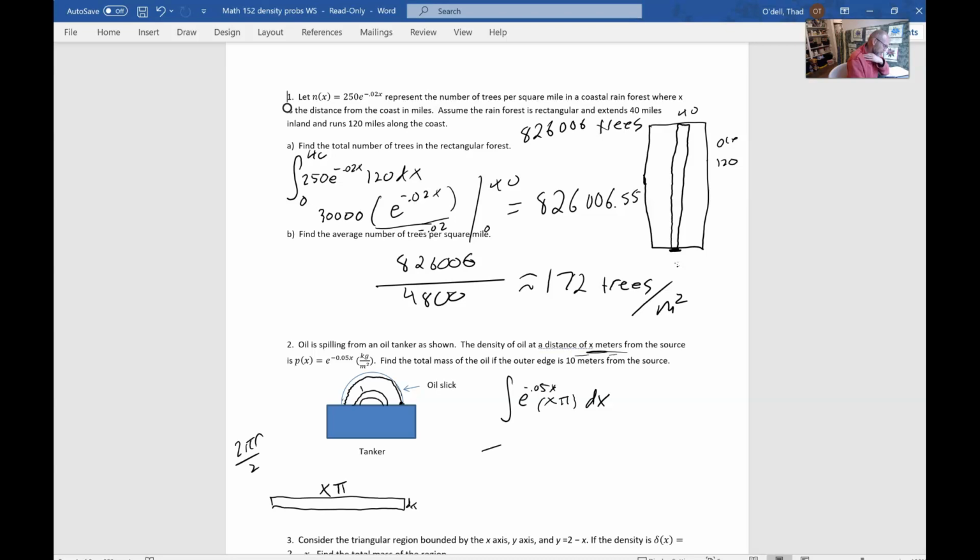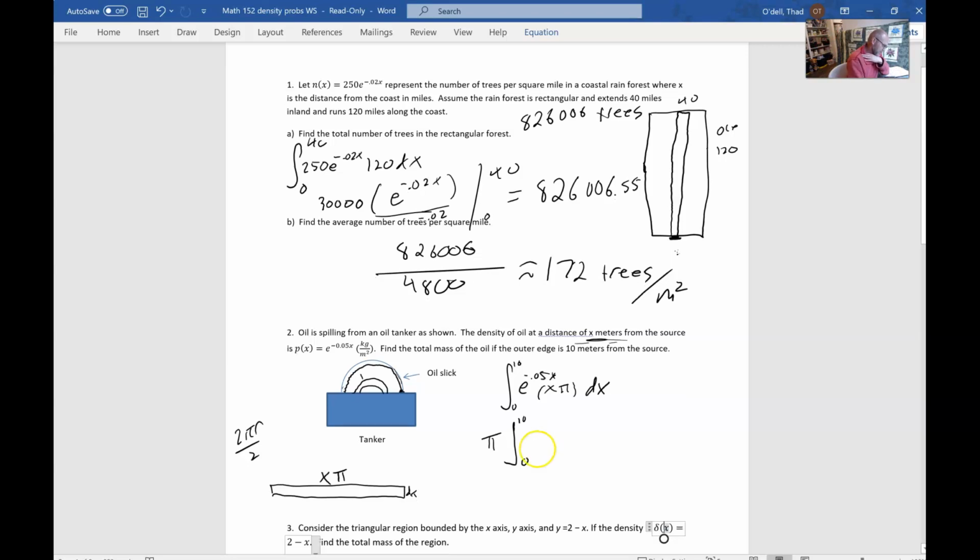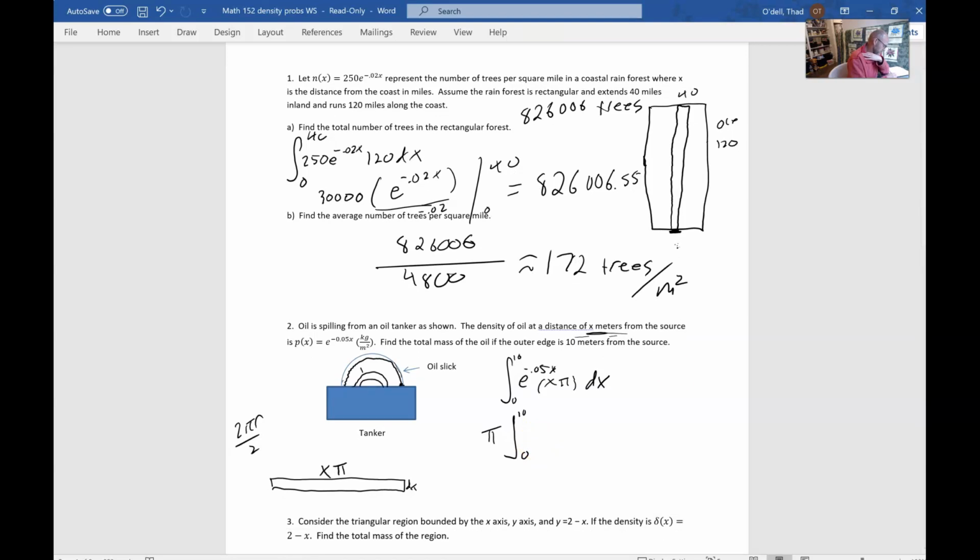And so if we pull the pi out front, we want to integrate from 0 to 10 of x times e to the negative 0.05x dx.